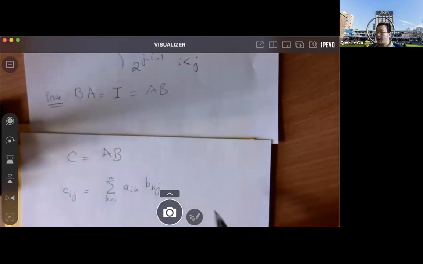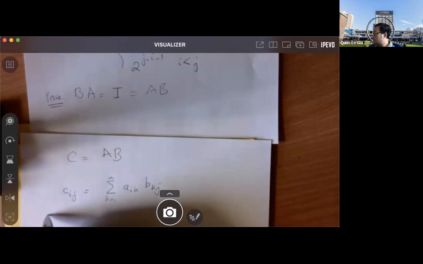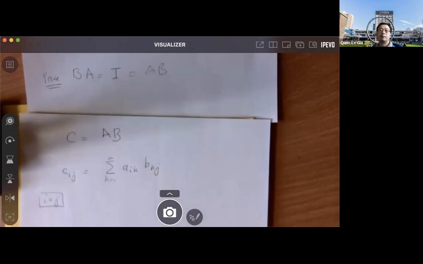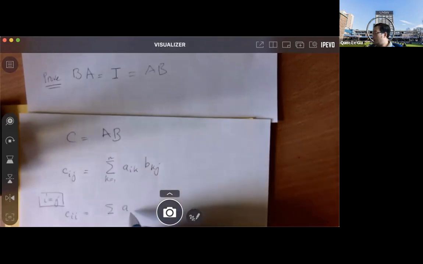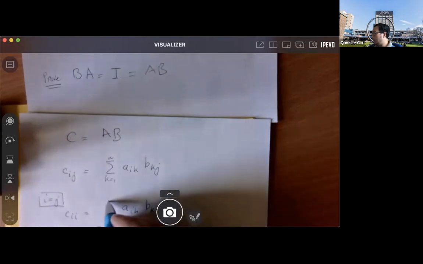So now maybe we start with the diagonal first. Suppose I just take i equal to j. Then I have Cii. It's just the sum of Aik Bki, k from 1 to n.